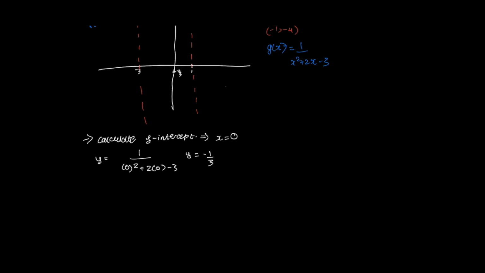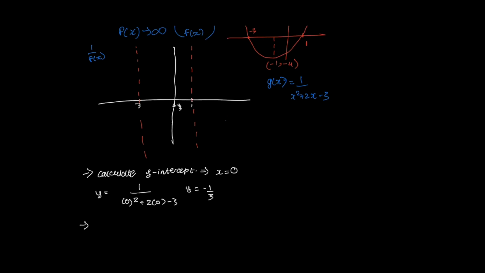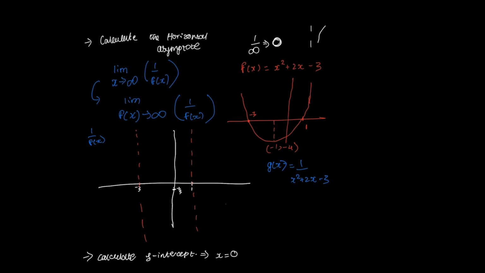And lastly, one last thing you have to understand is how the shape differs between f of x and 1 over f of x. If in a specific region, let's take from negative infinity to negative 3, the graph is decreasing, then in 1 over f of x the graph would be increasing.